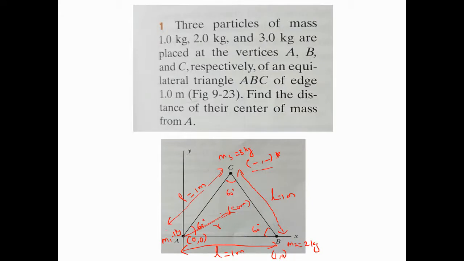Clear? So three things we are going to find. The first thing, the location of the third object. The second thing, your center of mass. And the third thing, the distance of the center of mass from the point A. Clear? Yes, teacher. Okay. Better I draw the diagram again. So this is my equilateral triangle.